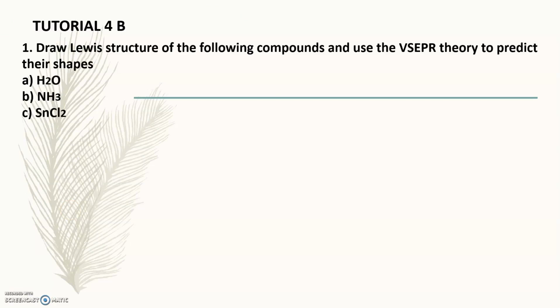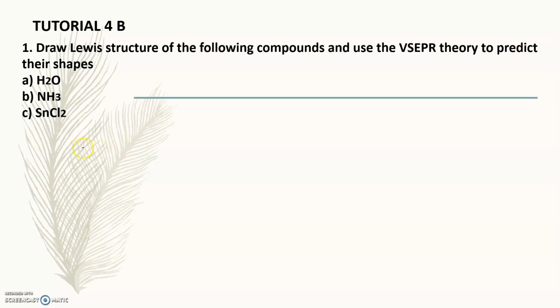Okay, so the first question: draw the Lewis structure for the following compounds and use VSEPR theory to predict the molecular shape. First is H2O. As you know, you must first draw the Lewis structure.